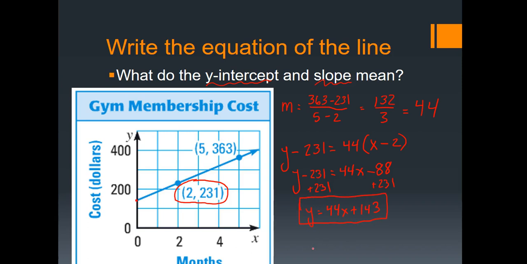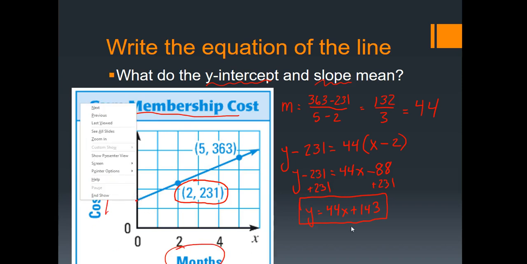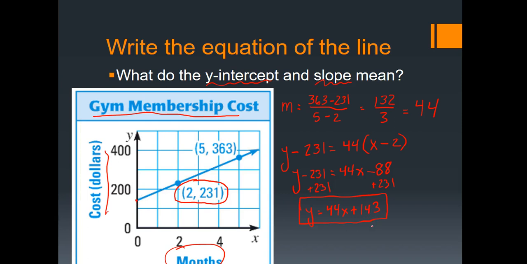And it says, what do the y-intercept and slope mean? Well, if we look at this graph, we have gym membership costs. This is the number of months, and this is the total cost in dollars. So if we start out at some amount of money, $143, okay, that must be the initial cost for my gym.